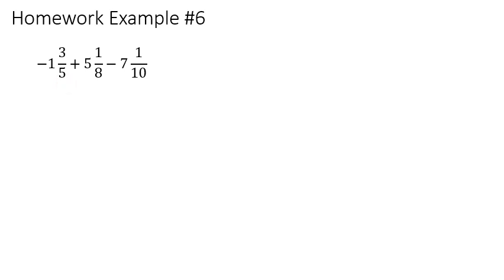And so let's take the first one, negative 1 3/5. What you're going to have to do is a couple of steps, and I kind of like to think of it in this way. So I'm going to take 5 and multiply it by 1. Now I'm going to deal with this negative in just a second. The answer is going to be negative, so just kind of ignore that negative for right now.